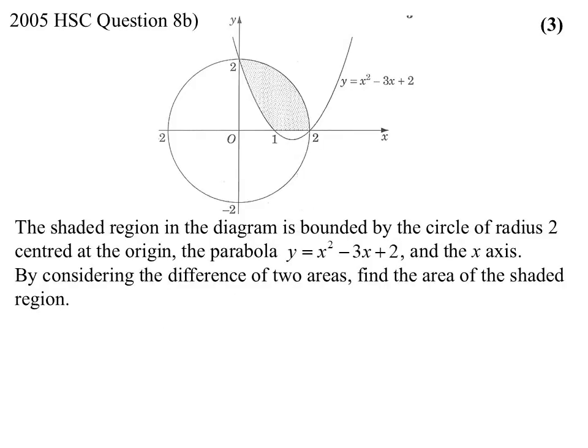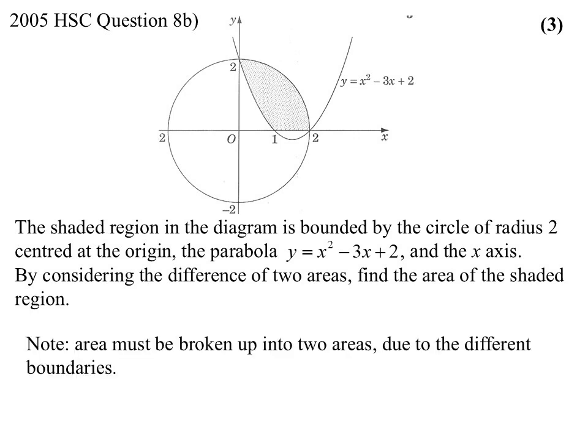2005 paper, a little bit more of an interesting shape. So our shaded region is bounded by a circle, and we've got a parabola in there as well, but they only want the bit above the x-axis here, that section there. They've told us specifically how they want us to do it. We have to consider the difference of two areas. Now, in this one, if I'm looking at the two areas, why?